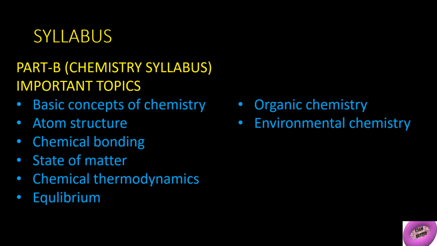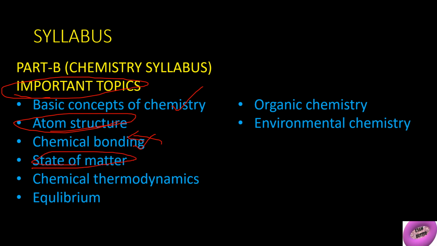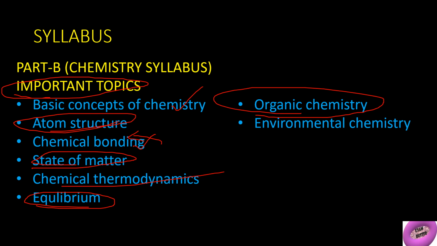Coming to chemistry, the important topics: basic concepts of chemistry, atomic structure like Bohr's theory, chemical bonding, covalent bonding, which has many classifications, states of matter: solid, liquid and gas, chemical thermodynamics, equilibrium, organic chemistry, which is a very important branch of chemistry, and environmental chemistry.